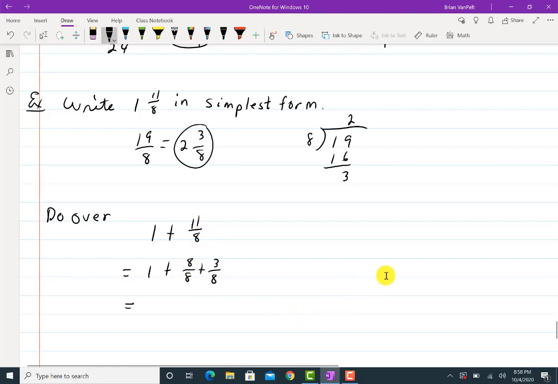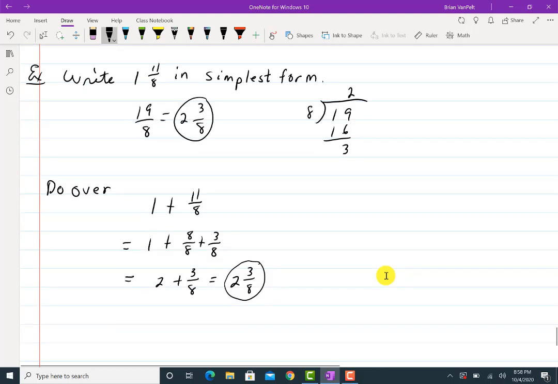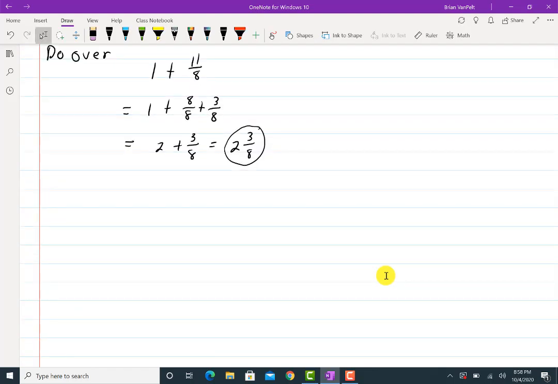So this is 2 plus 3/8, which we simply write as 2 and 3/8. Let me make my circle bigger. So there's more than one way to do that. Once again, I advocate for just one way because that's the way I'm going to do all the rest of the problems.